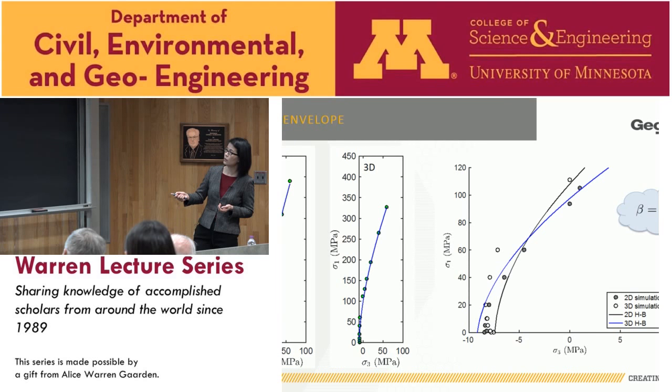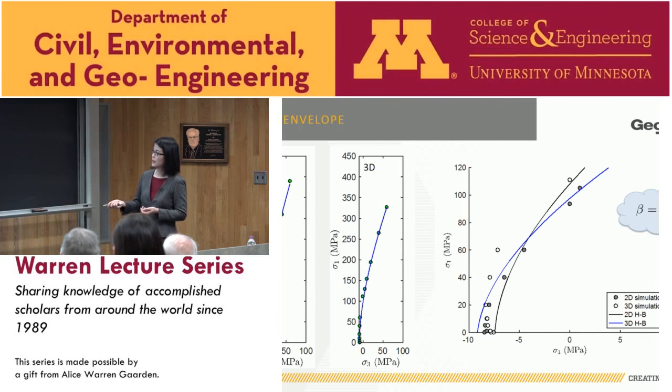The filled ones are 2D, and the empty ones are 3D. Sigma 1 would be the confining stress for the confined extension test. That's compression. And sigma 3 is the direction that's in tension. So you can say that with the confined extension, the maximum tensile criterion is actually still true.